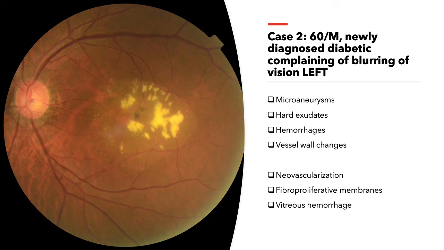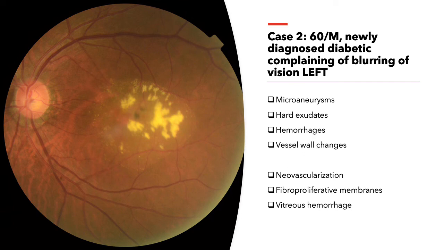Okay, but what is peculiar here is that there are no microaneurysms or dot blot hemorrhages, and I don't see any neovascularization. So do we label this as diabetic retinopathy since there are hard exudates? Well, the answer is no. Why? Because remember, the first sign of diabetic retinopathy is the presence of microaneurysms.